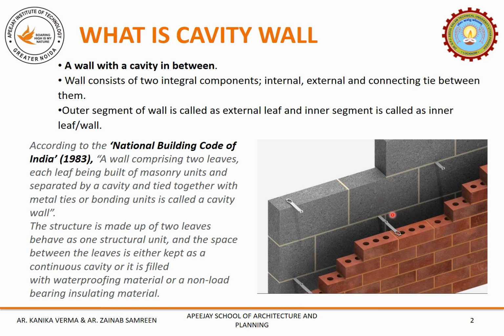So as per the National Building Code, the structure is made up of 2 leaves that behave as one structural unit, and the space between the leaves is either kept as a continuous cavity or it is filled with waterproofing material or non-load bearing insulating material.